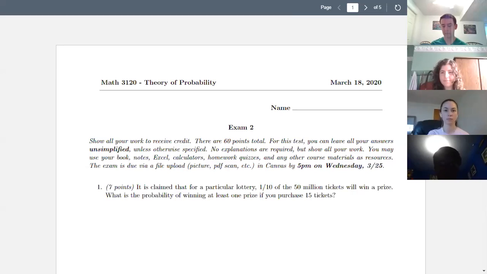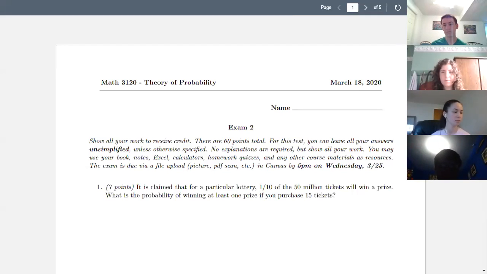So what is the probability of winning at least one prize if you purchase 15 tickets? Well, that would be 1 minus the probability of getting 0 prizes, right? And what would be the probability of getting 0 prizes if you did the hypergeometric distribution?